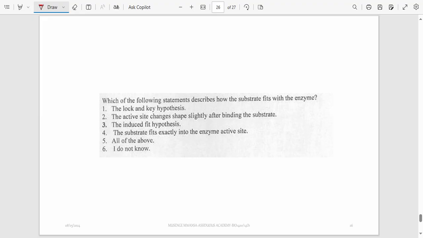Which one is the answer? 2. The active site changes shape slightly. Okay. Anyone else? Where are the people we are shining? That red. You've stopped shining. Cecilia.